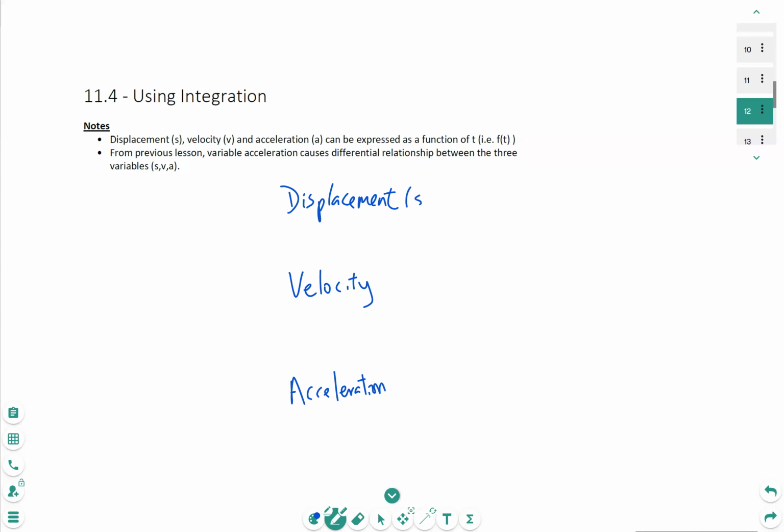Displacement is s, velocity we use v. There's no final velocity here, we just use v for velocity, and a for acceleration. Last lesson we looked into this one. If you have displacement and want velocity, we know v equals ds by dt. And from velocity to acceleration, acceleration equals dv by dt.